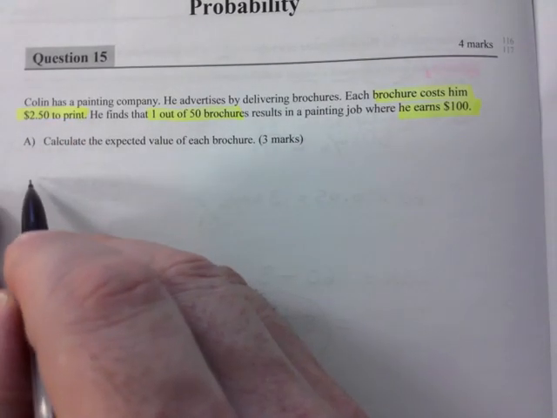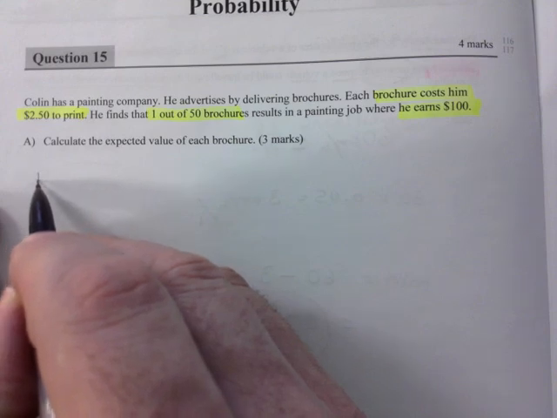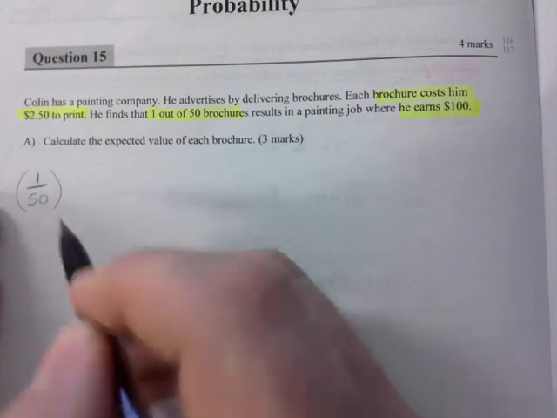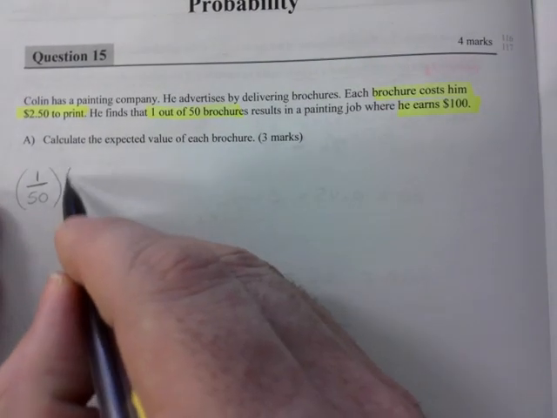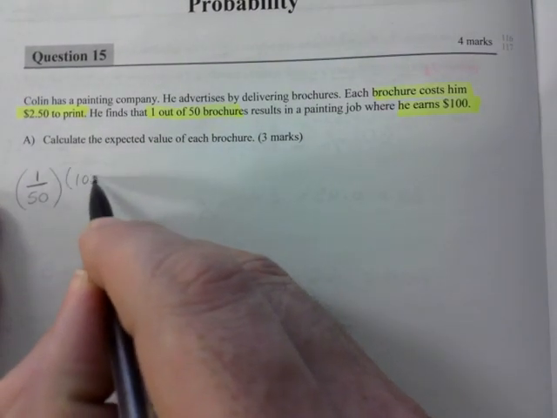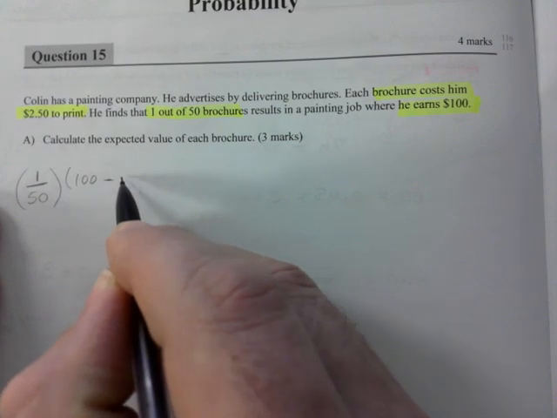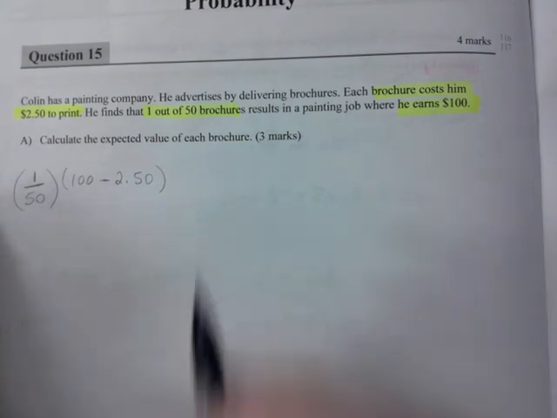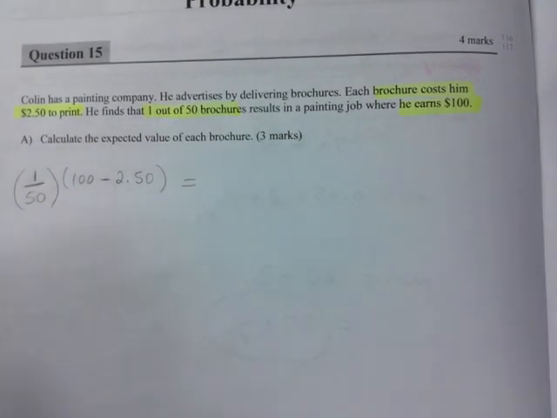So I will do this. Let's take the way to win first. There's only one way to win, right? So 1 over 50 times 100 minus 2.50, because that's the formula that I gave you. Let's just do that first and figure out what that is.